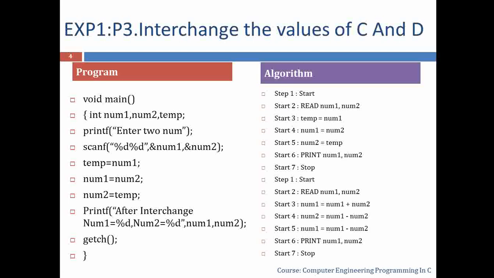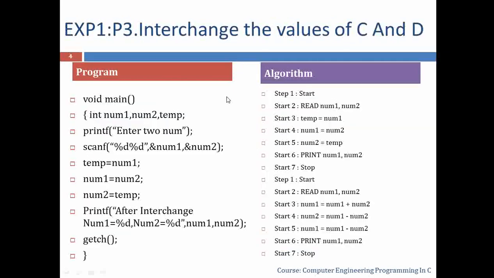The third experiment is to interchange the values of C and D. C's value is assigned to D and D's value is assigned to C. That is interchanging, exchanging, swapping the two variables. For that we have two algorithms. One algorithm, by using a third variable, a temporary variable, we swap the numbers.